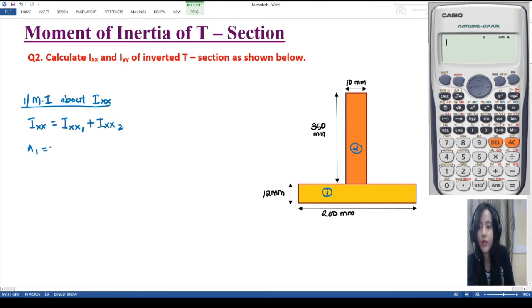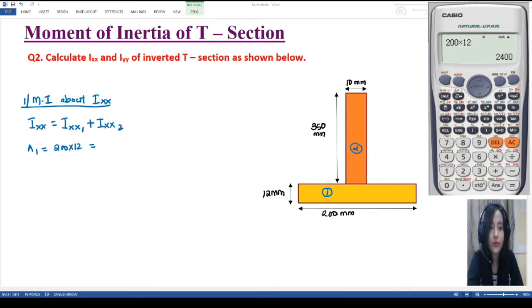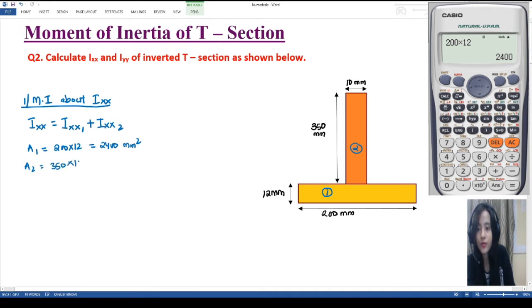Area A1 will be equal to 200 into 12, which is 2400 mm square. Area A2 will be equal to 350 into 10, which will be equal to 3500 mm square.